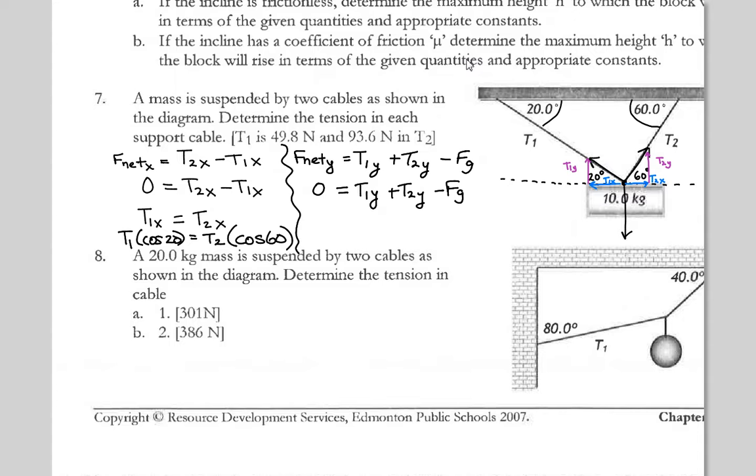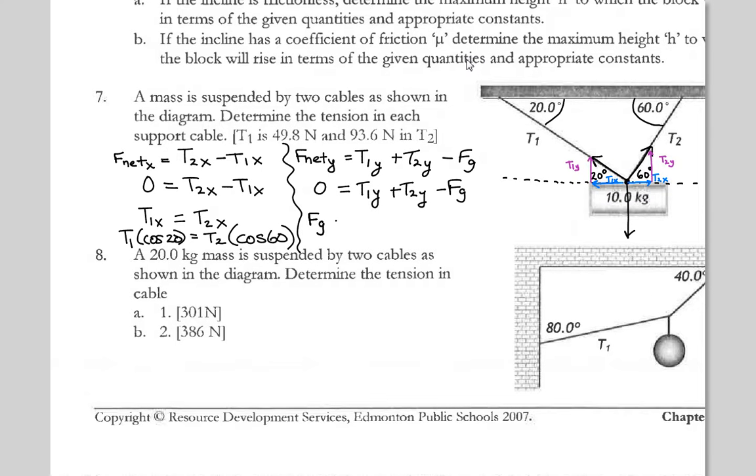So moving Fg to the other side, we have tension 1 sine 20 plus tension 2 sine 60. Now, the left-hand side of that equation is just Fg, so 10 kilograms times 9.81, you have 98.1 equals T1 sine 20 plus T2 sine 60.